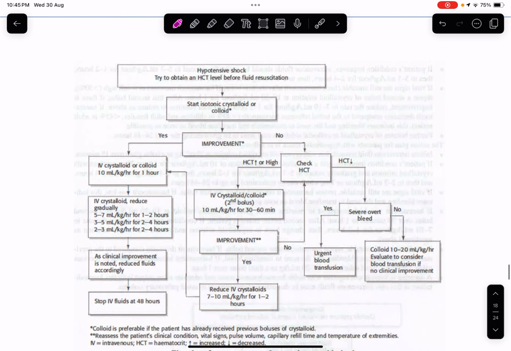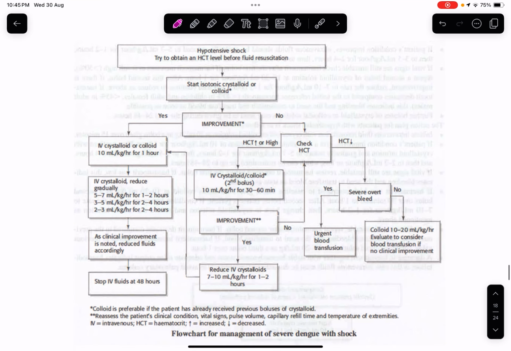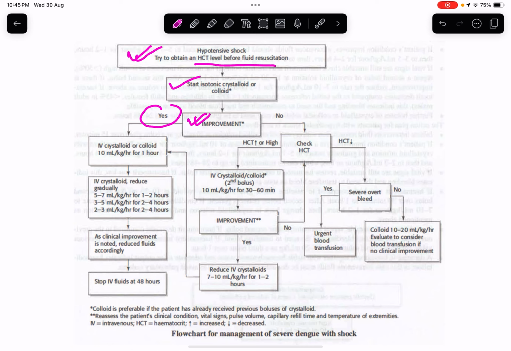Now, how do you give fluid to a patient who is having dengue shock syndrome, hypotensive shock? Okay, try to obtain a hematocrit level before fluid resuscitation. Start with isotonic crystalloid or colloid can be given. If there is improvement, then IV crystalloid or colloid at a rate of 10 ml per kg per hour for 1 hour you give, and then you reduce gradually the dose of IV fluid.